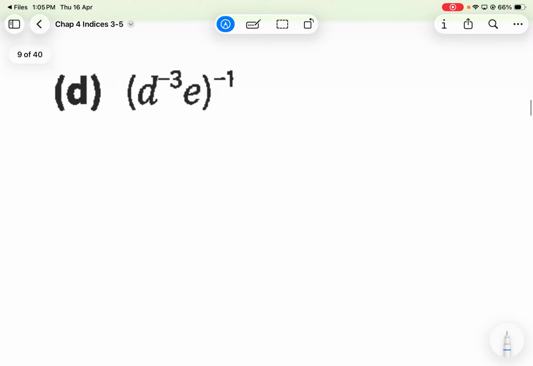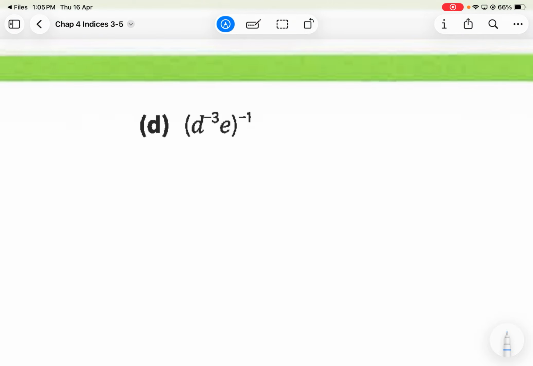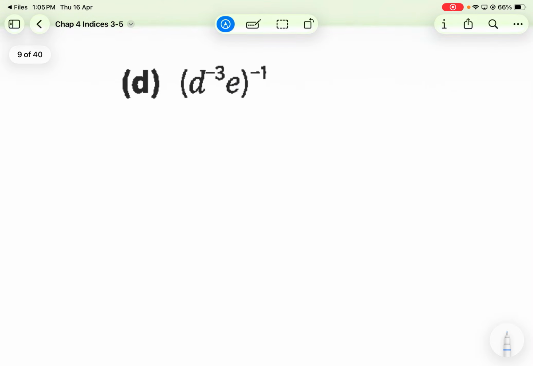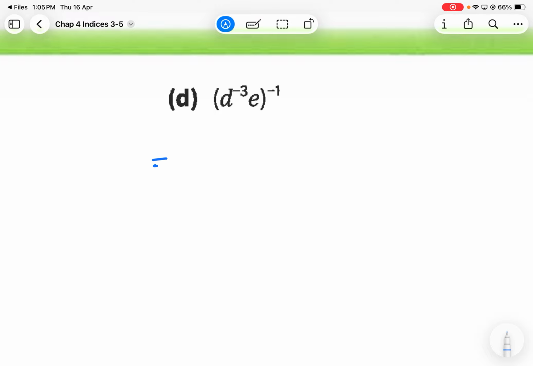Okay, part D. With the same idea, my -1 must be given to the D, and my -1 must also be given to the E, the power outside the bracket. So if I give my -1 to D, -3 times -1 becomes +3. E, at first is power +1, times -1, it will become -1.